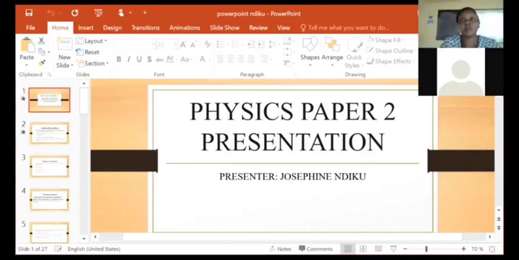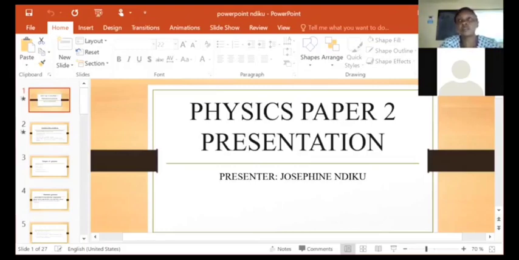Paper 1 and paper 2 each contain 2 sections, section A and section B. Section A carries 25 marks, short questions, a maximum of 3 marks, while section B carries 55 marks, structured questions.